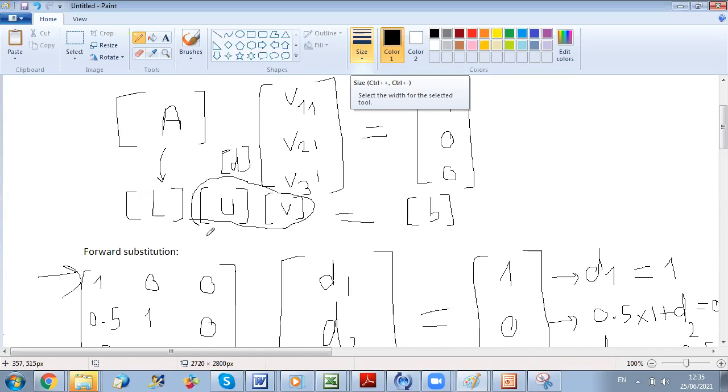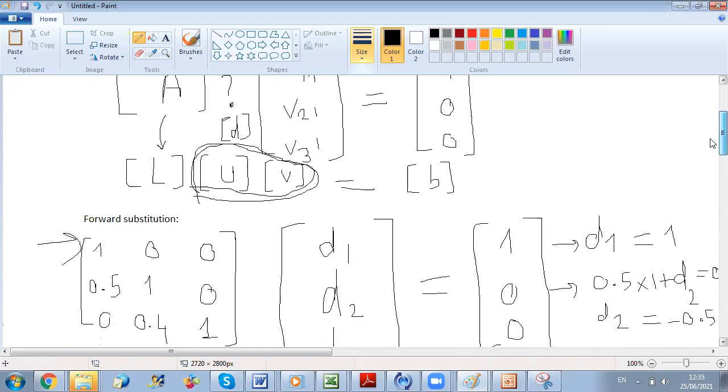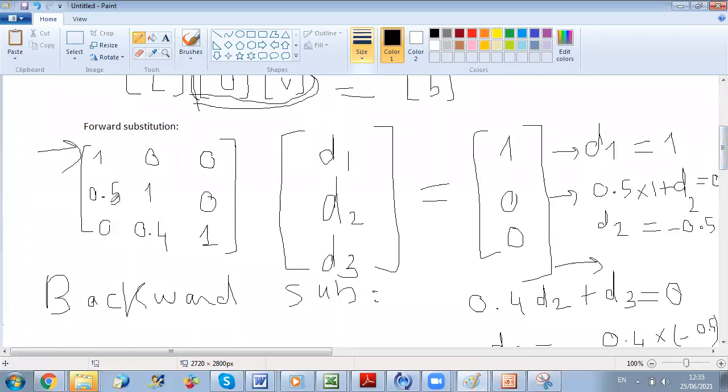Now I will do the solution in 2 steps. The first step will be forward substitution. What do I mean by it? First, I set U times V equal to vector D, and then I will solve for D by writing L times D equals B. So if we apply it here, the matrix L is 1, 0, 0, 0.5, 1, 0, 0, 0.4, 1 times D, which is unknown, and I want to find it.